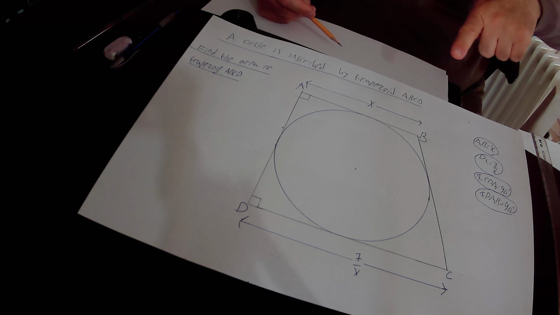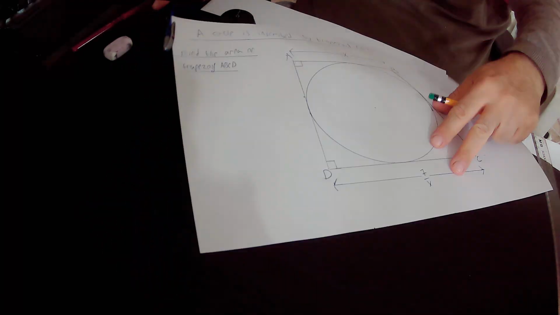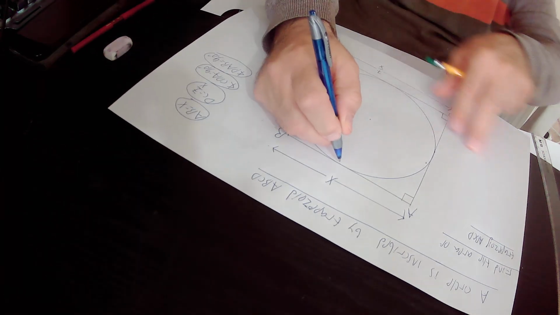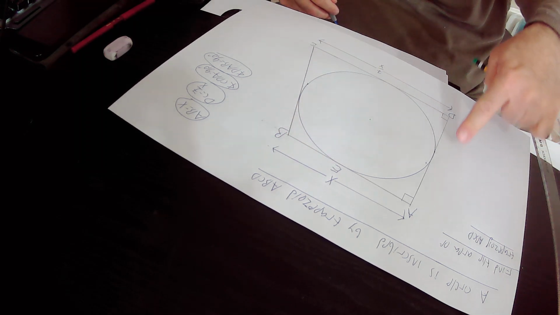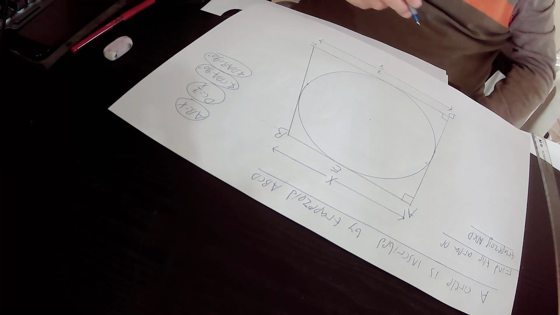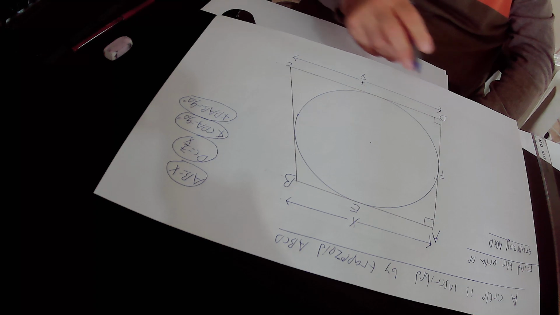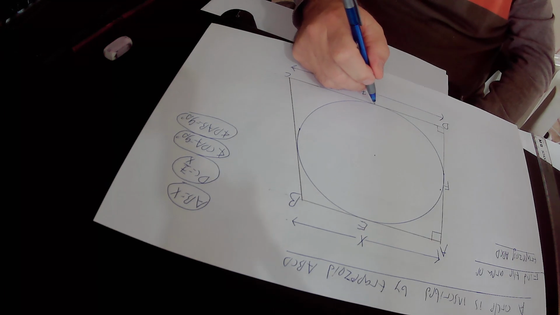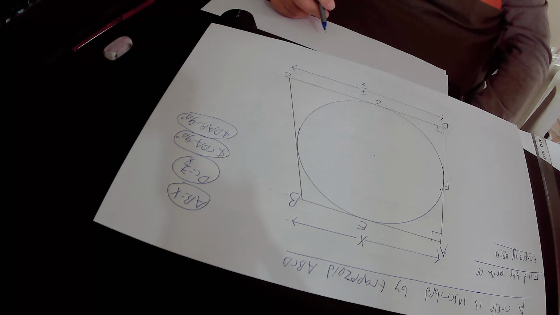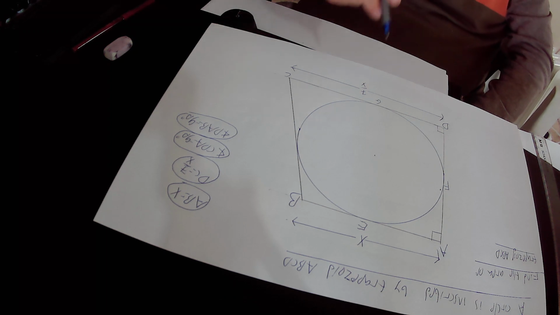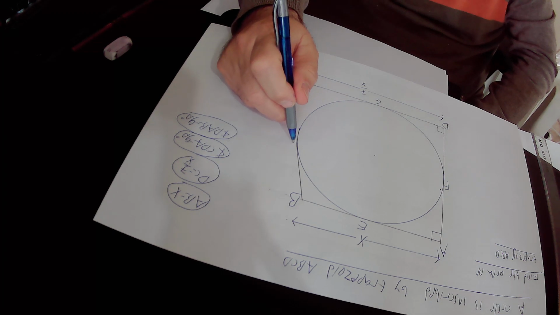We will define the point of tangency of side AB with this circle, this point, as E. Likewise, we will define the point of tangency of side AD with this circle as F. We will define the point of tangency of side DC with this circle, this point, as G. And finally, we will define the point of tangency of side BC with this circle, this point, as H.